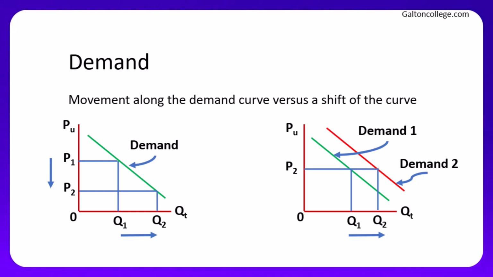Over here, we're not holding literally everything. We're allowing price to change, and we're allowing, let's say, income, or the influence of advertising. Something else has changed here, moving us from demand 1 to demand 2. And we simply move along the curve in this way. So we've got this concept of demand, and it's dealt with in other classes that we deal with.